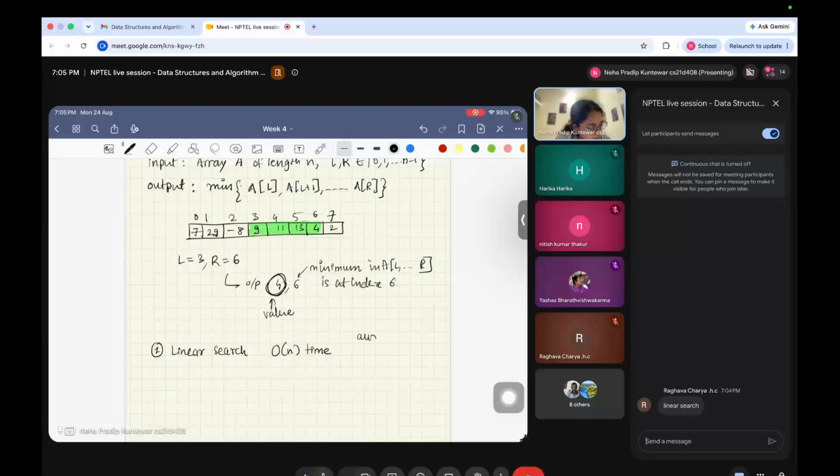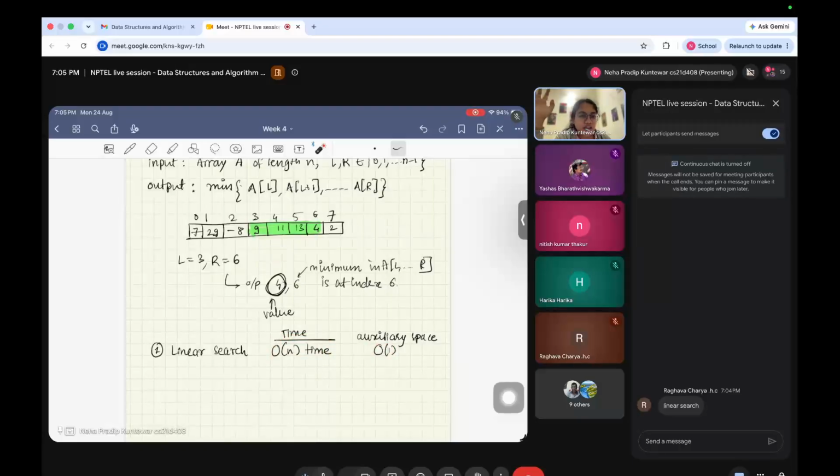The auxiliary space is nothing, you're not really storing anything. I'll just say it's order 1, because you may want to maintain a minimum so far. So this is a linear time algorithm. It tells me the minimum in the given subarray in order n time, and it doesn't even take any space.